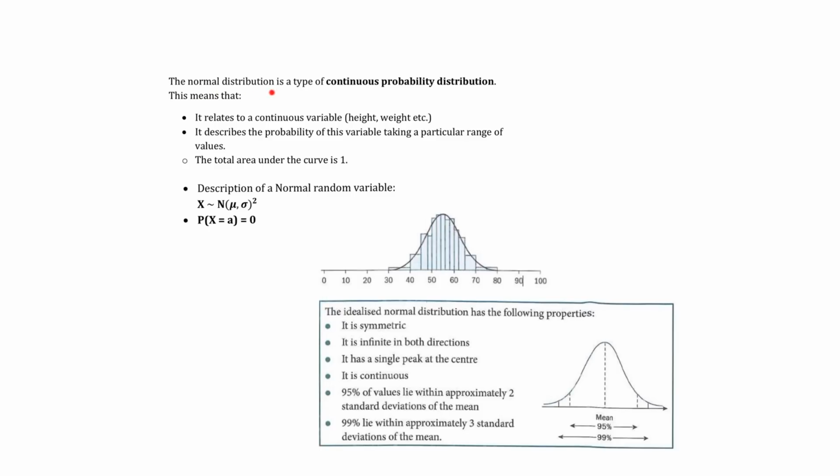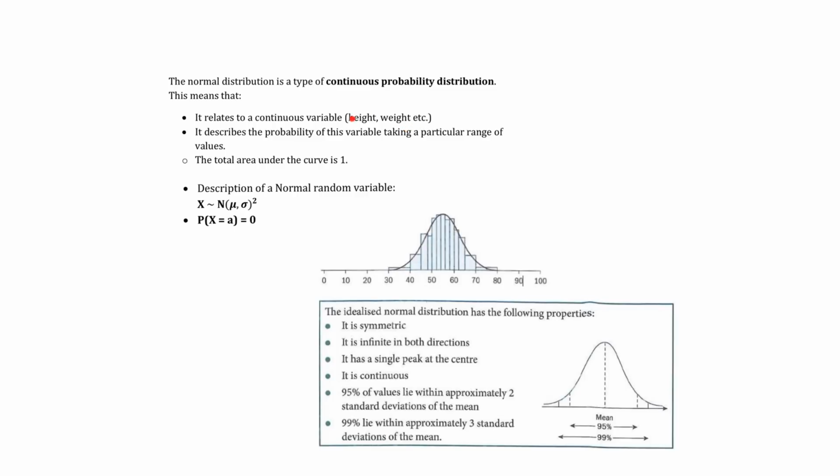The normal distribution is a type of continuous probability distribution, which means that it relates to a continuous variable. For example, some variables that might be modeled by a normal distribution are the height of adult males in a particular country, the time taken by students to complete a task, the volume of coffee dispensed into a cup by a particular coffee machine, or the mass of babies at birth.